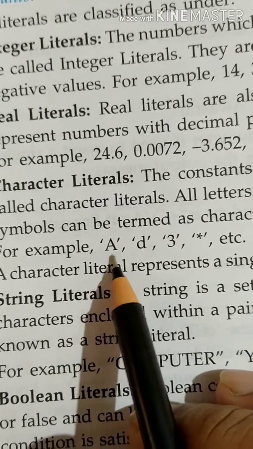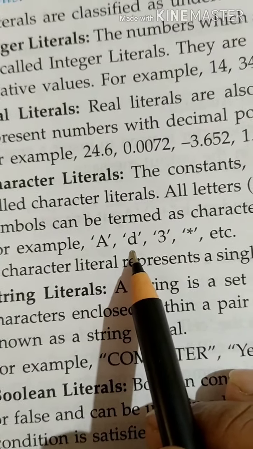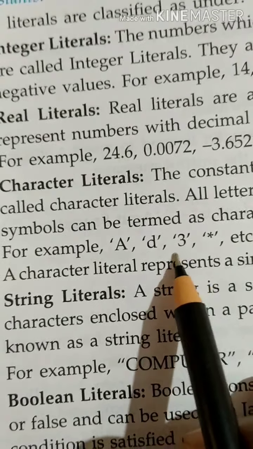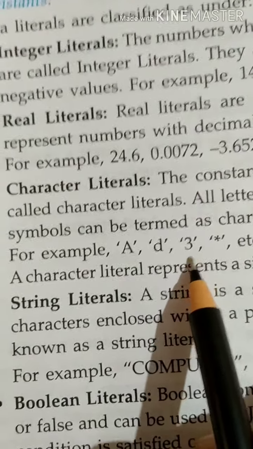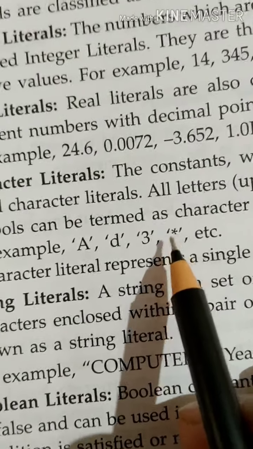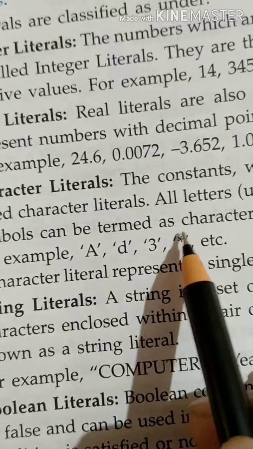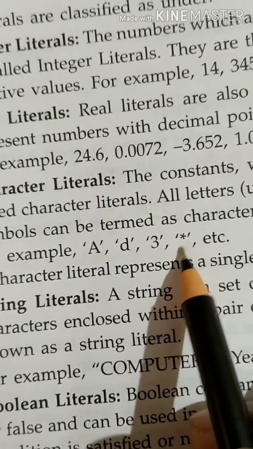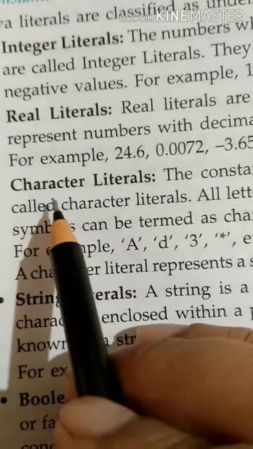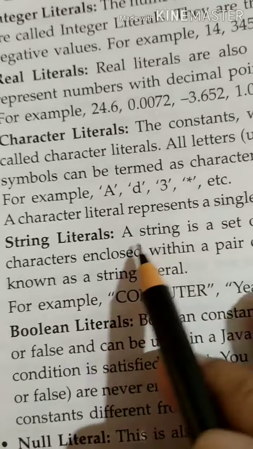Okay, A is a character literal, small d is a character literal. 3, if it is also written under single quotes, this is also counted under the character literal. If any symbol, like the asterisk mark, is also under single quotes, then we assume it also comes under the character literal. Okay, so many more things we can take.